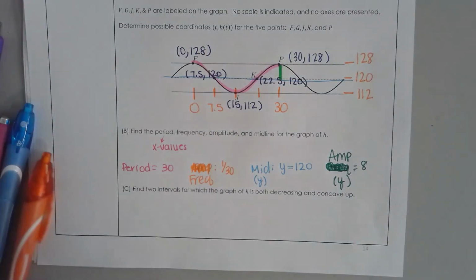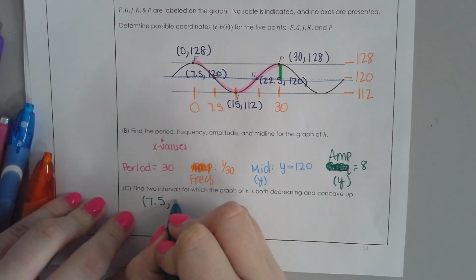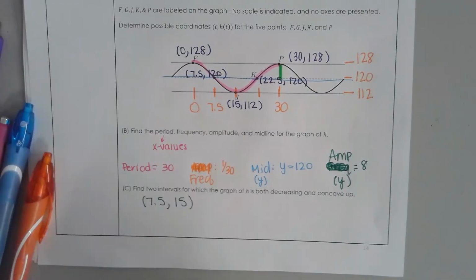And when you write an interval, we're not writing G to J. We're writing the X values. So it starts at 7.5 and goes to 15. So that's one of the intervals.